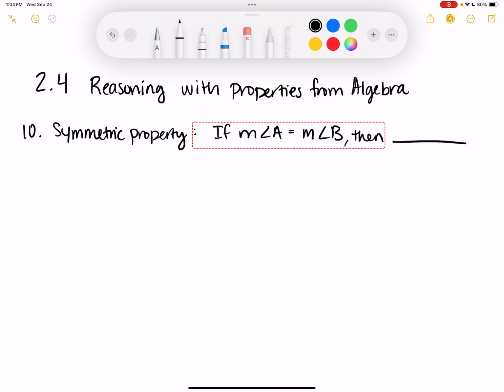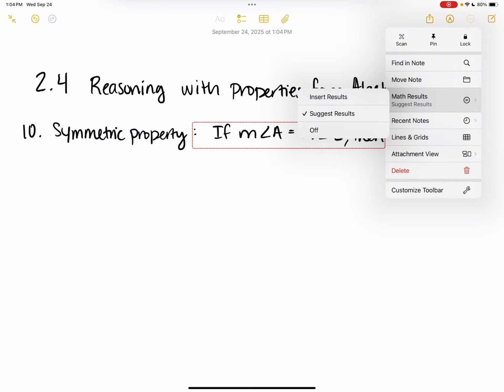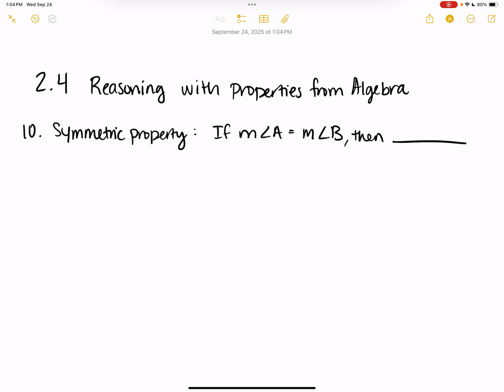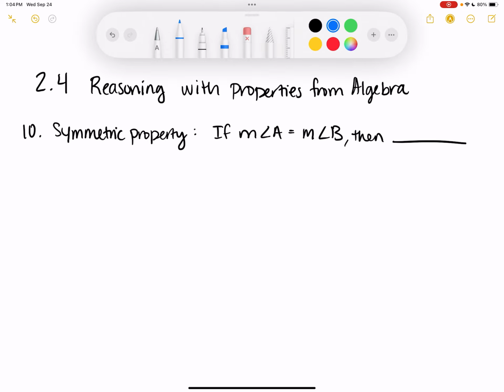So what does the symmetric property tell us? Measure A equals measure B, then measure B equals measure A. Yep. So then we would write the measure of angle B is equal to the measure of angle A.